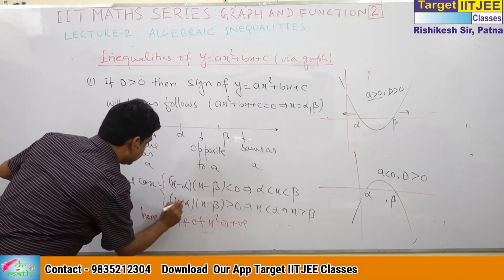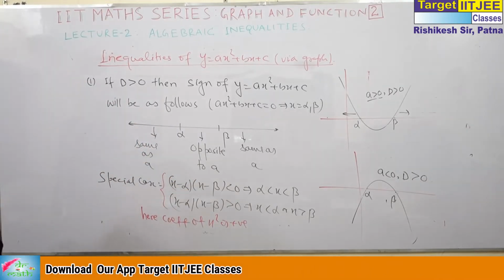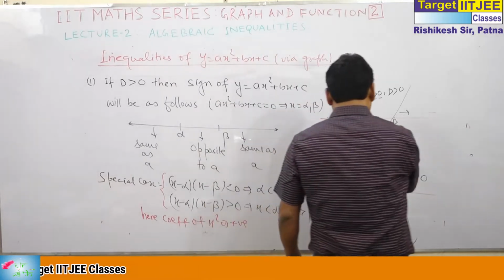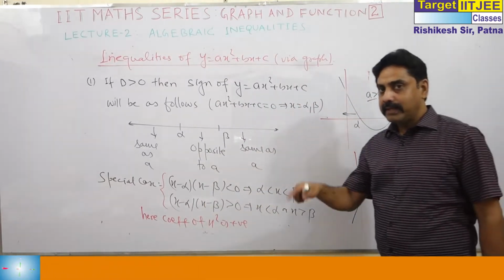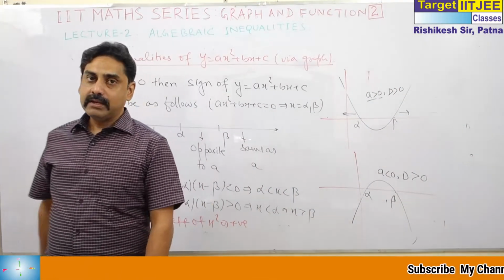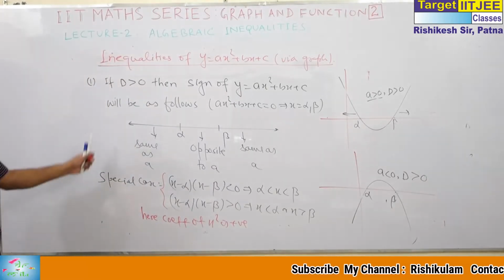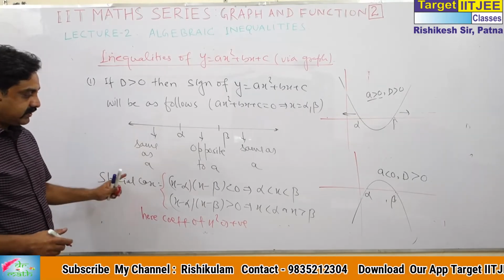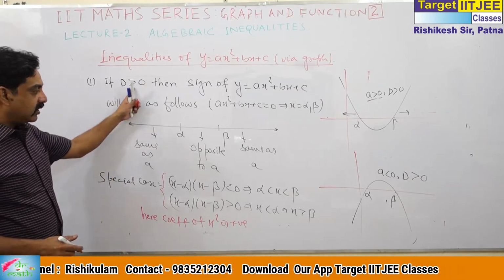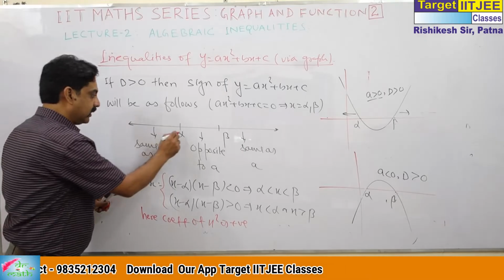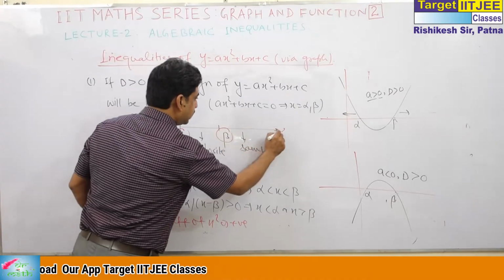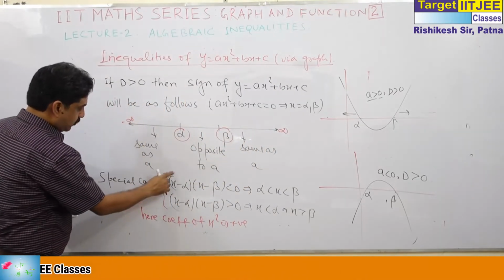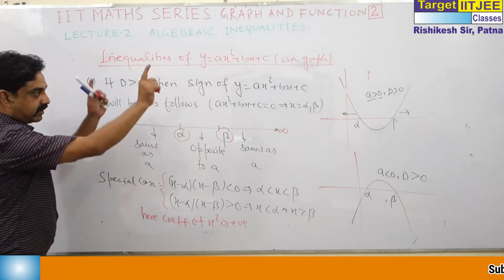We will do this result directly when the coefficient of x square is positive. Getting alpha beta means we are capable of factorizing the expression or roots. So this is a special case. Normally we do not use this result too much. We do from this. If you want to write, you can write.